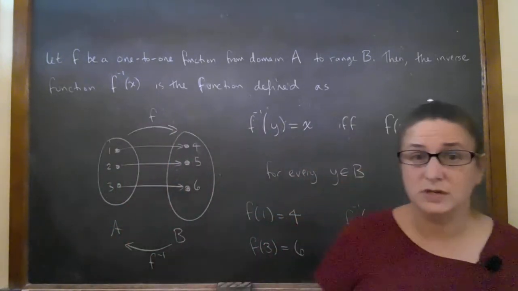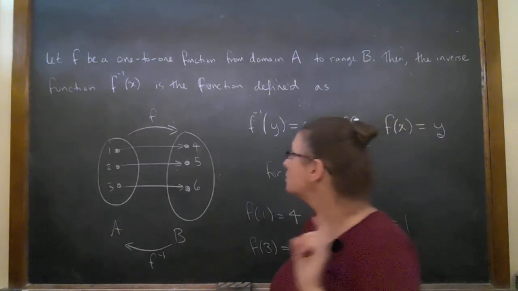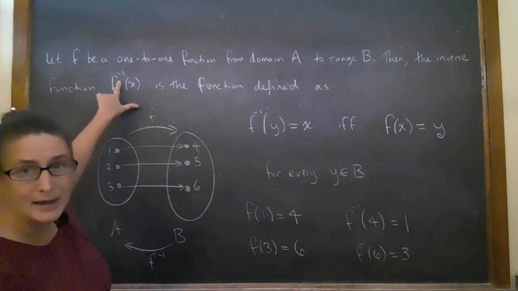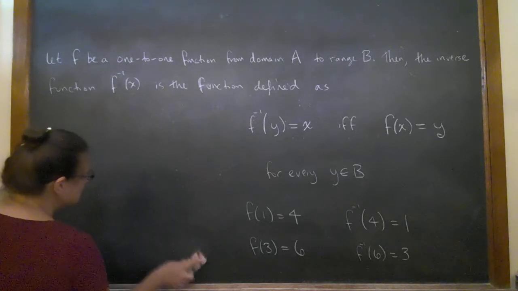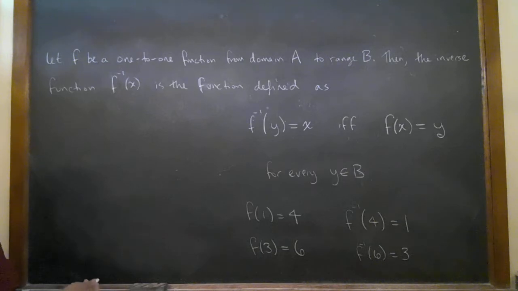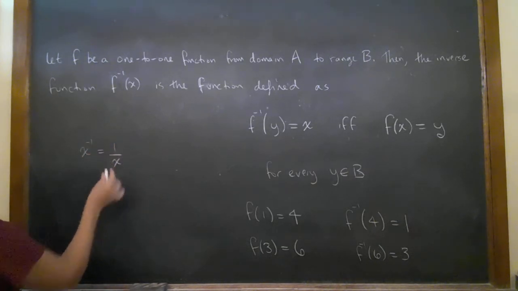So I will do some examples in the next video, but before I finish, I do want to mention a crucial point, just so not to get confused. This notation with the minus 1 is not an exponent. You're often used to seeing something like x to the minus 1, and we write that as 1 over x.